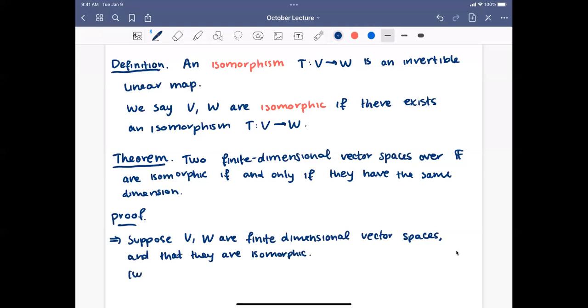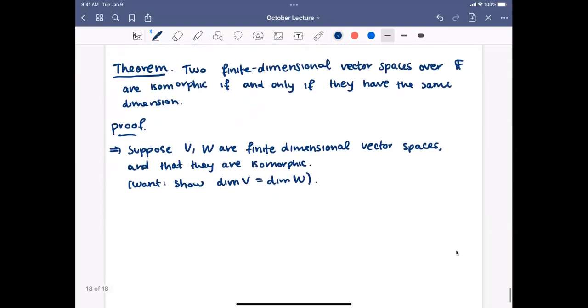Then we want to show that dim V is equal to dim W. I'll give you a few minutes to think about how to do this, and my hint is to use the rank nullity theorem. Take a few minutes to think about how to prove this direction and discuss with each other, and then we'll do the proof together at the board.